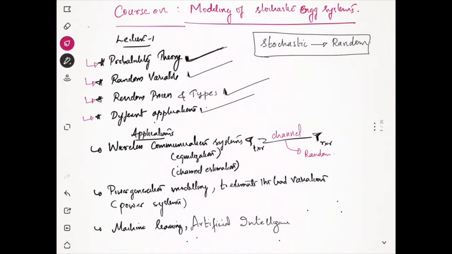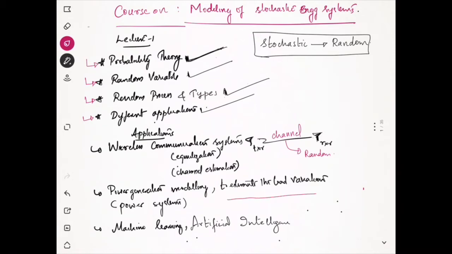Okay, so this kind of thing you can see in a wireless communication system. Now in the power generation system, you know that in a power system the load may be changing every time. During the night the load will be high, and during the daytime sometimes the load will be less.